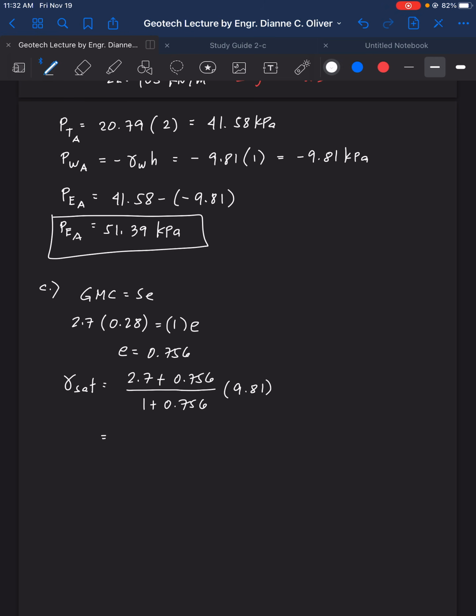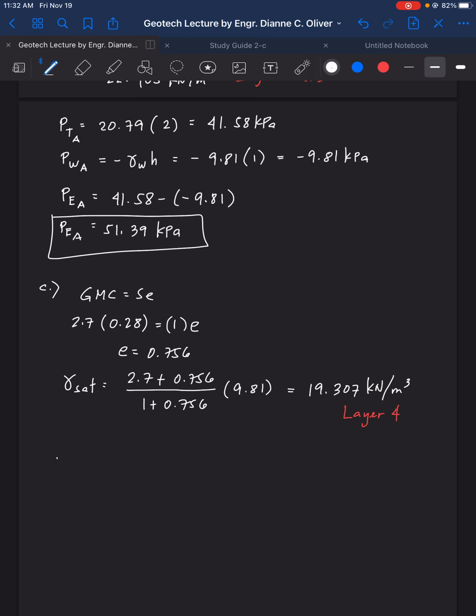So gamma sat is now equal to 19.307 kilonewton per cubic meter. Okay, so finally we have now the gamma sat of layer 4.